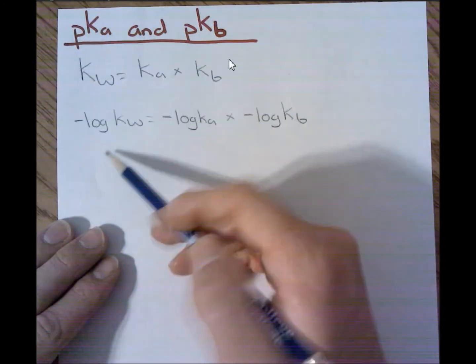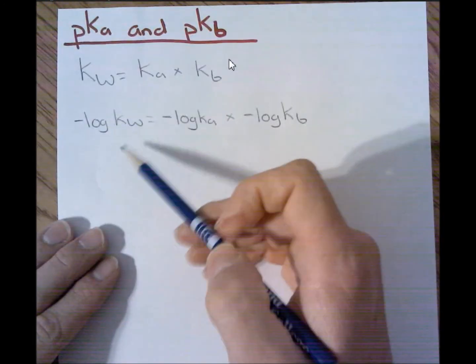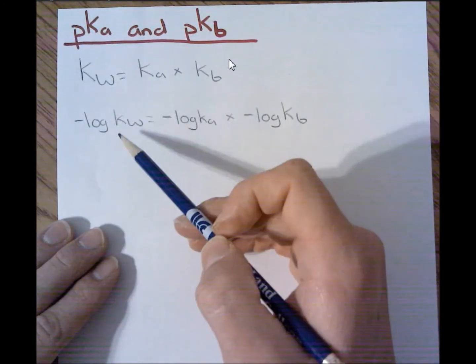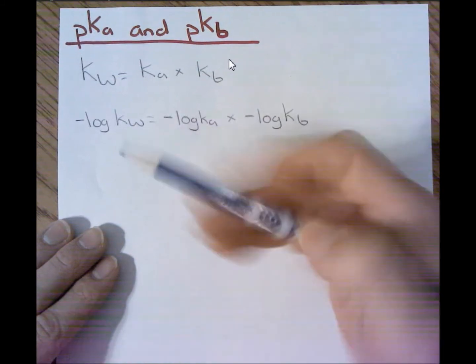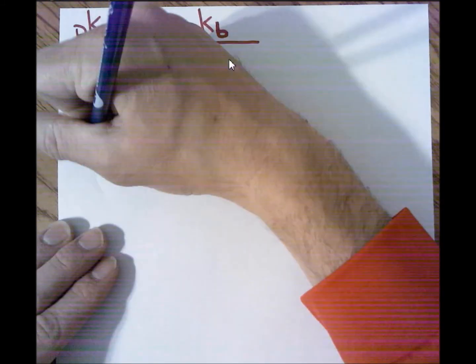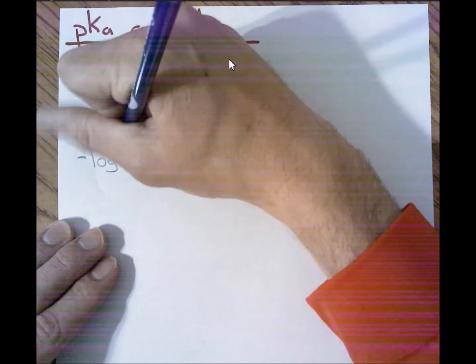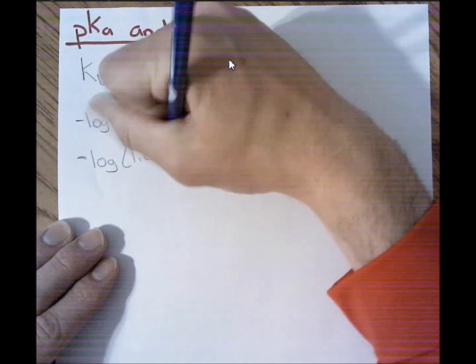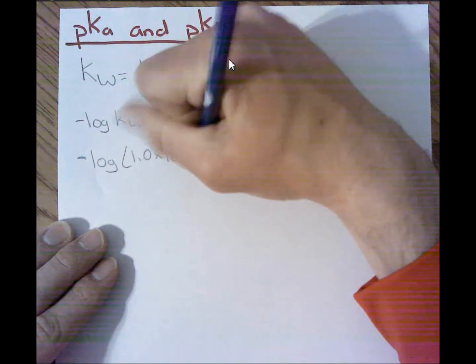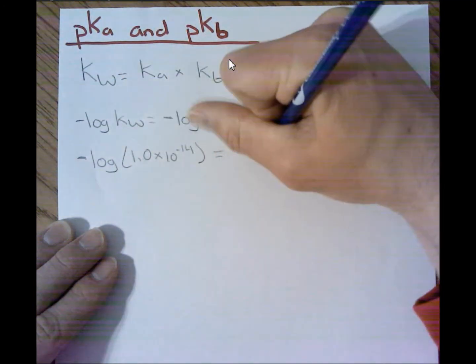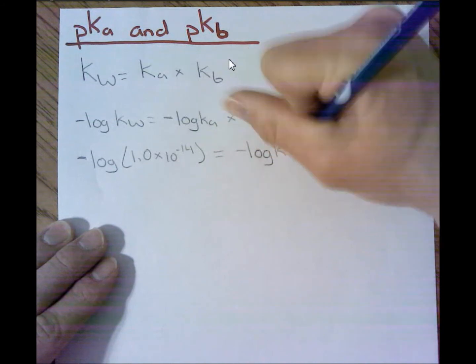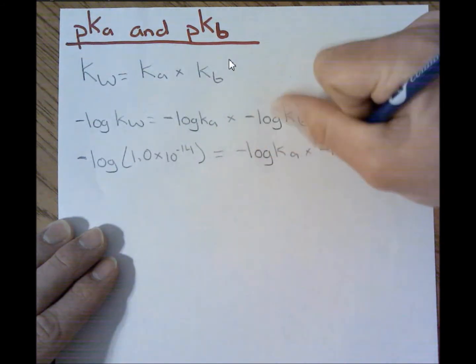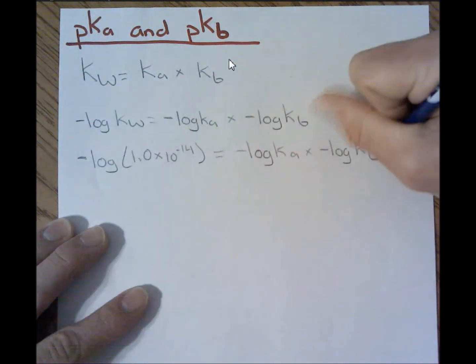So what happens here is this. Instead of just putting negative log of Kw, let's actually insert that value because Kw is not going to change. So we end up with negative log of 1.0 times 10 to the negative 14th equals negative log of Ka times the negative log of Kb.